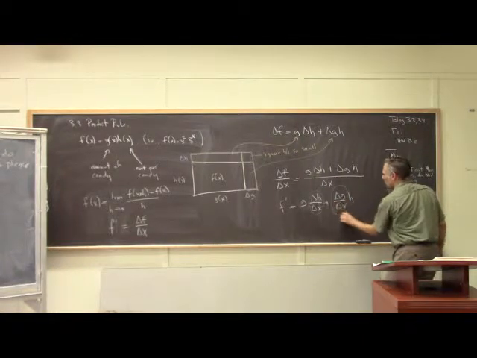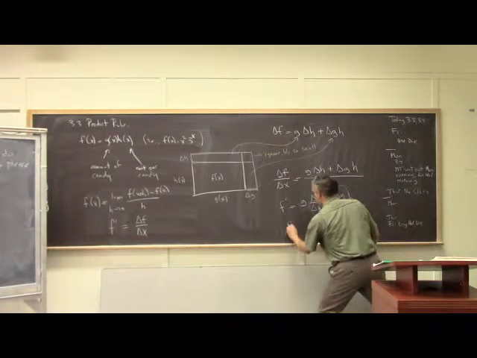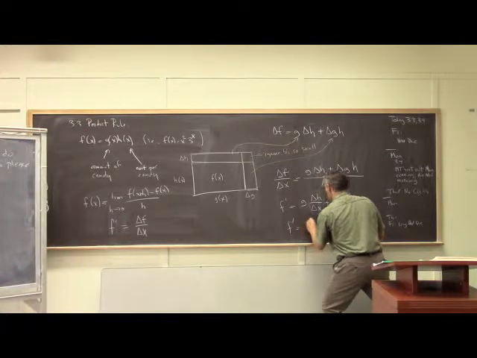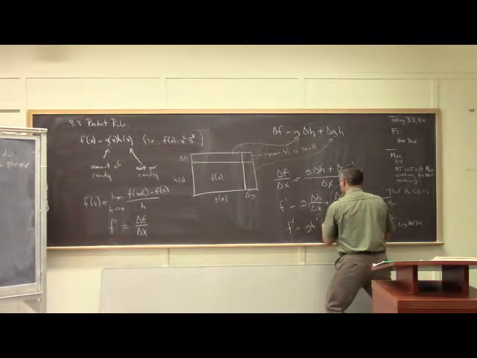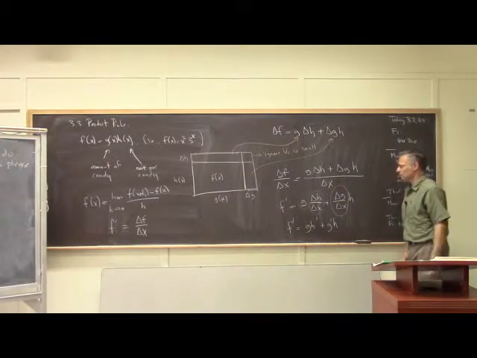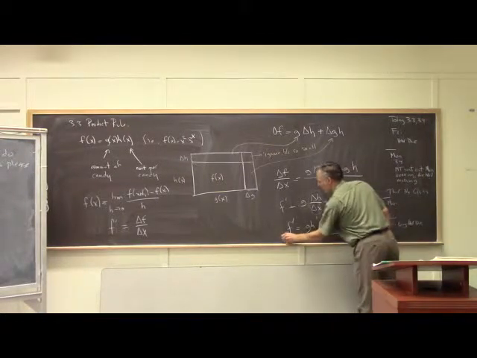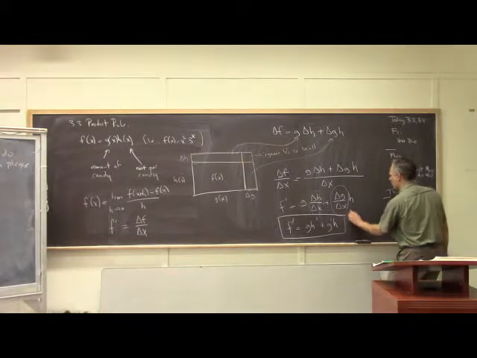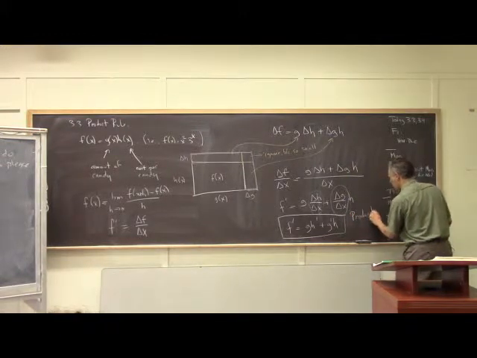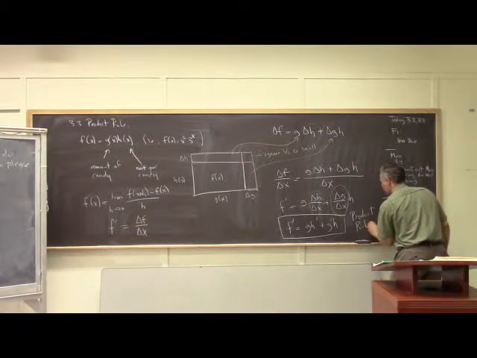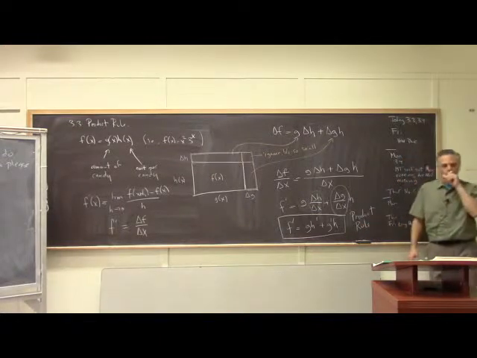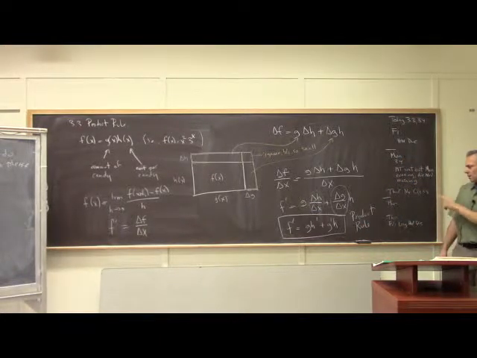This term is g prime. So f prime equals g h prime plus g prime h. So this is the product rule.